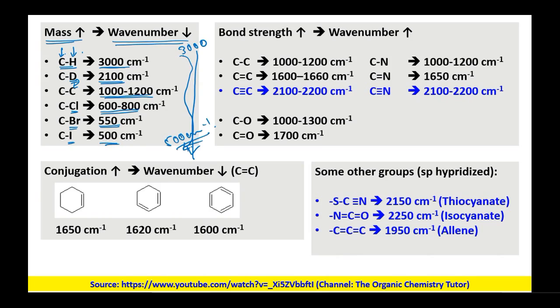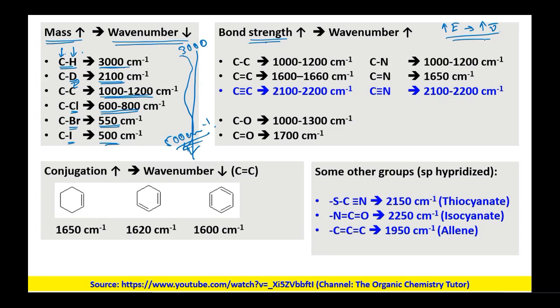Now the next thing is, when the bond strength increases, the wave number also increases. Why is this so? When the bond strength is increasing, if you want to initiate the vibration, you have to supply more energy. And we have seen if energy increases, your wave number will also increase.